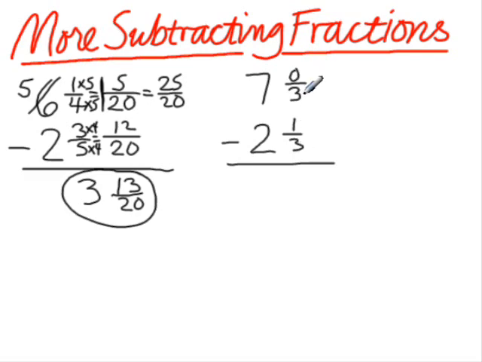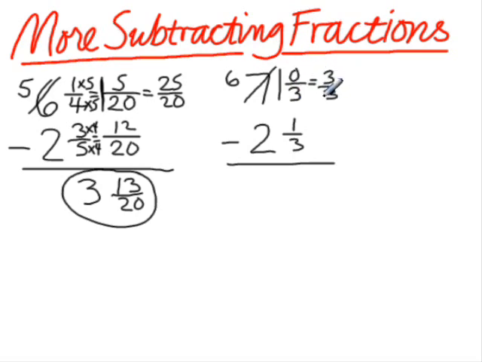What we have to do here is the same thing that we did in the previous example, regrouping, or some people call it borrowing. Take 1 from this column, and it goes here. 1 is 3/3. 3/3 plus 0/3 is 3/3.